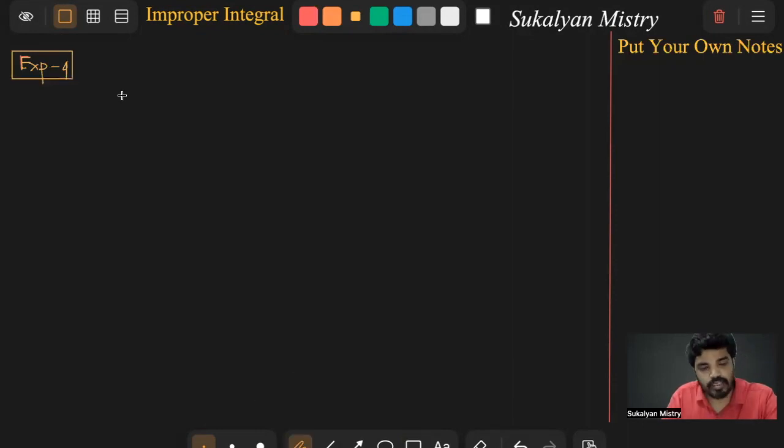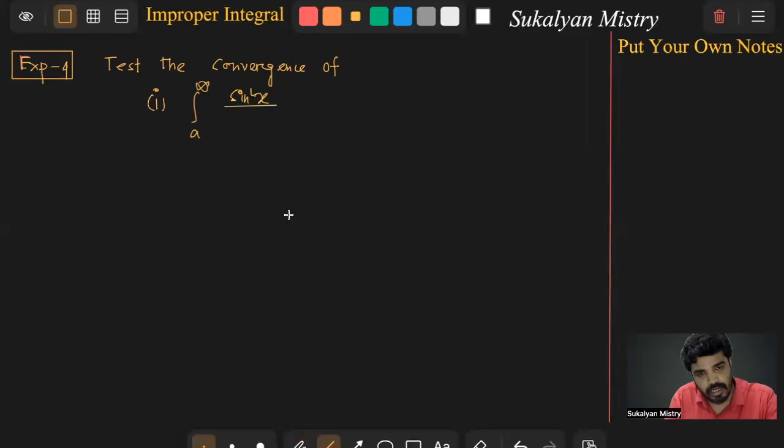Test the convergence of number 1, integration a to infinity sine square x divided by x square dx.